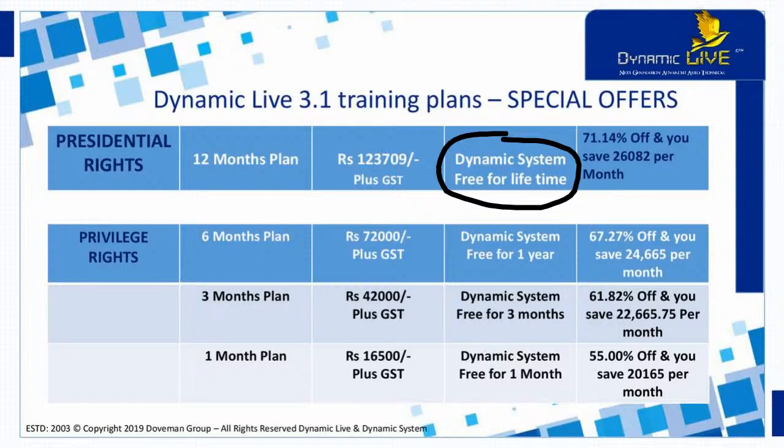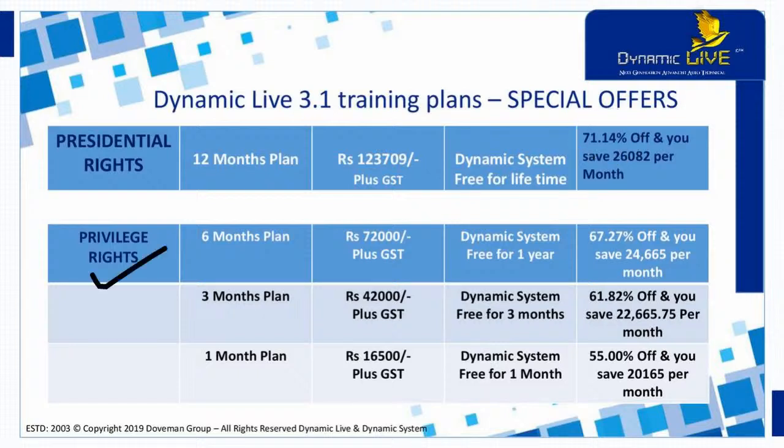The biggest benefit is it gives you signals and information 1 day in advance. So those people who don't have time, by hardly spending 10 to 15 minutes of your leisure time, you will be able to follow this dynamic system, and you'll be able to earn some handsome profits year after year. And you're getting it free for lifetime. You're getting almost 71% off per month on this particular plan.